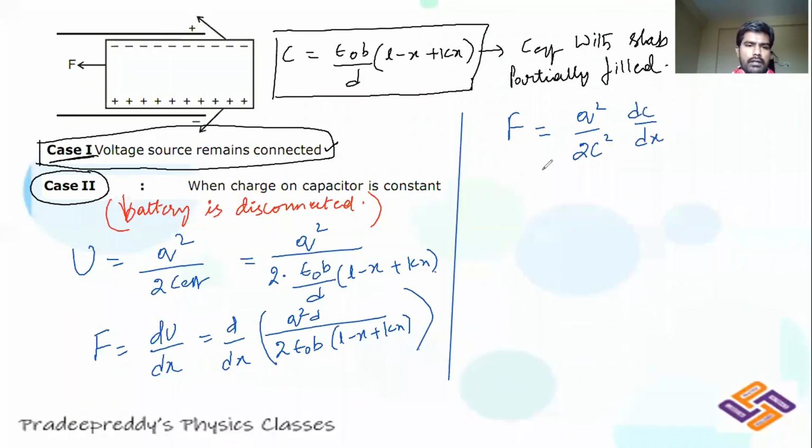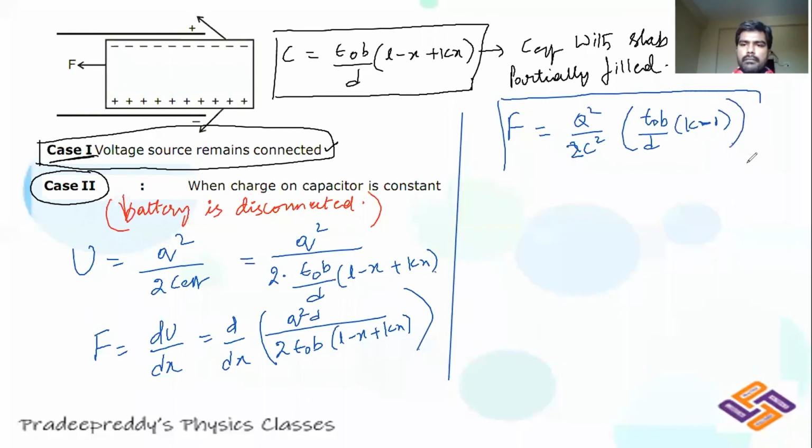That is, F is equal to Q square by 2C square into epsilon naught B by D into K minus 1.